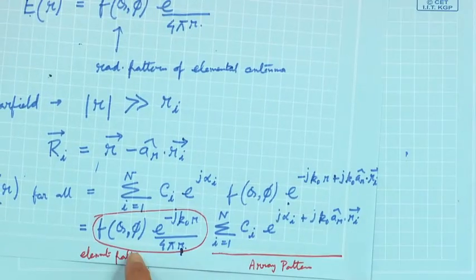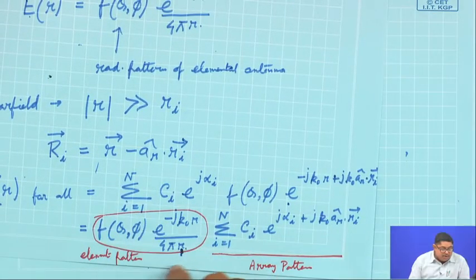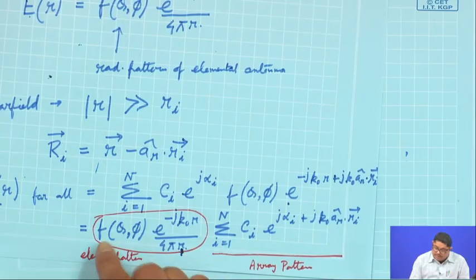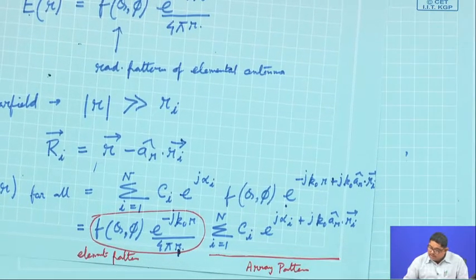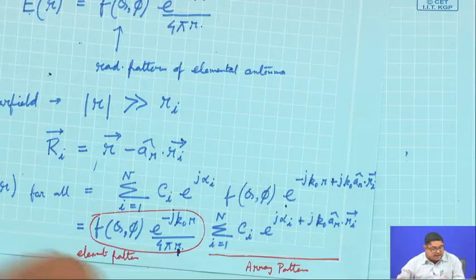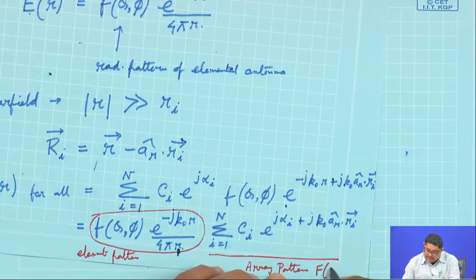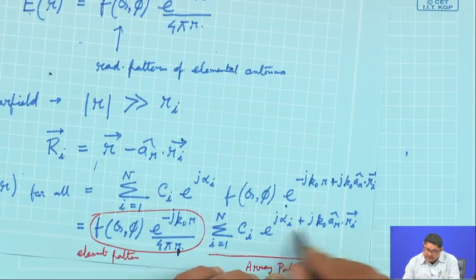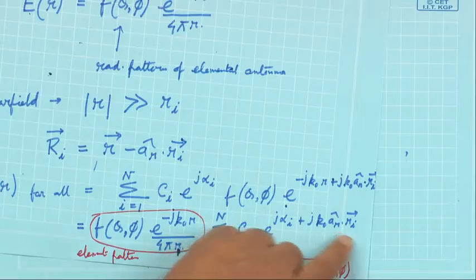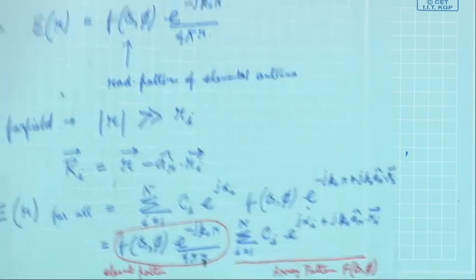Any n element array you can always break up like this, and generally this small one we call small f of theta phi, and this one the array factor, we generally write as capital F of theta phi, because between these angles theta and phi are present.